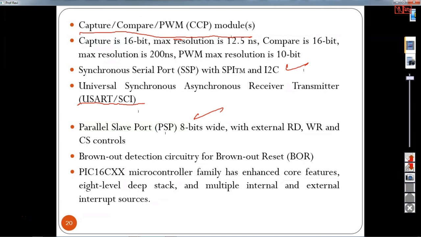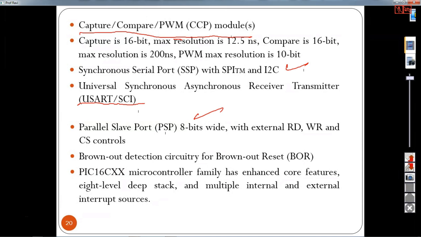And port B is a bidirectional IO port. RB0 can also be the external interrupt pin. RB4 can be an interrupt on change pin, and RB5 is also an interrupt on change pin.